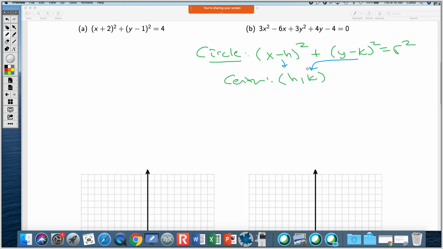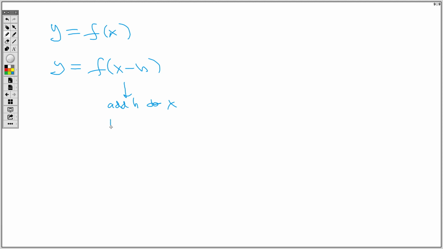Now that might ring a bell thinking back to transformations. Just a little side note here. If you had a function y equals f of x, and you looked at y equals f of x minus h, if you had the x minus h inside the function, what did this do? We would add h to the x, which would move to the right.